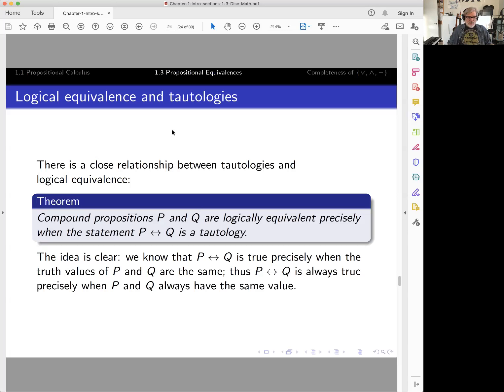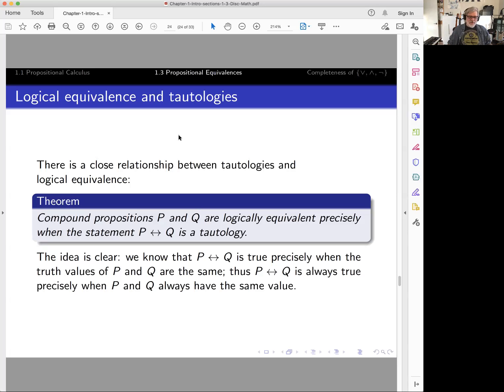So here's a theorem. A theorem, we'll see that a little later, but you've obviously seen the term before. It means a statement we know is true, or has been proved.